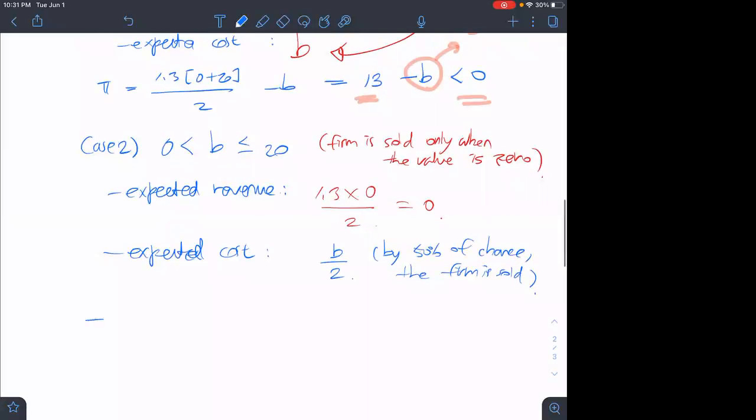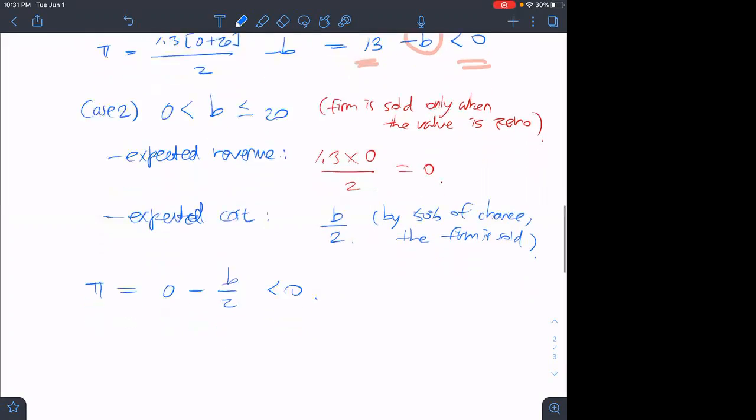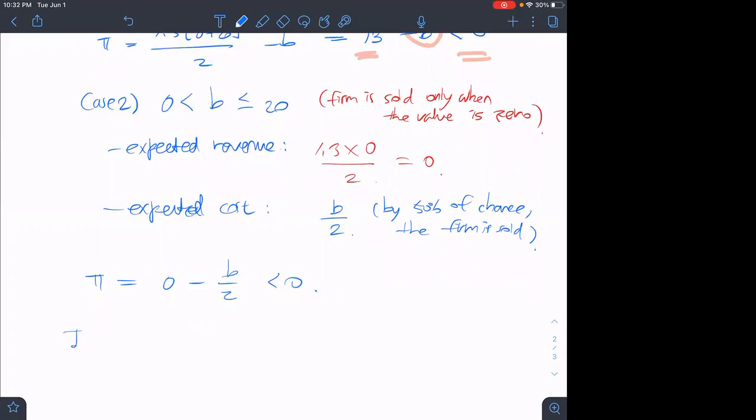So combining all the results, the answer is 0 minus B over 2, which is still less than 0. So in all cases where B is strictly greater than 0, the expected value of this investment is negative.